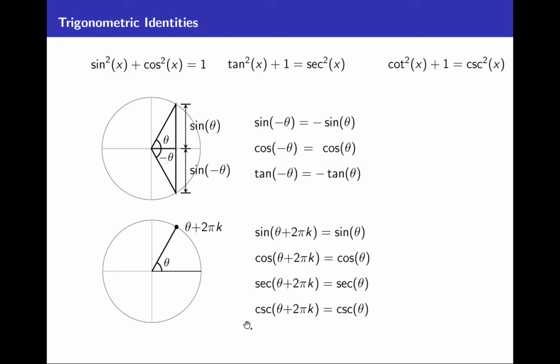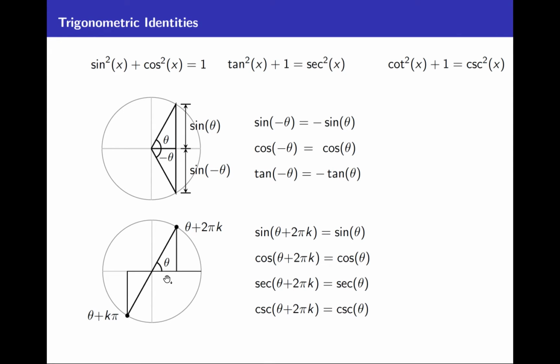However, with cotangent and tangent, things are a little bit different, because at a radian measure theta, you could add not an even multiple of pi, 2 pi k, but maybe an odd multiple of pi, like just add pi down there, to get to a point on the opposite side of the circle.